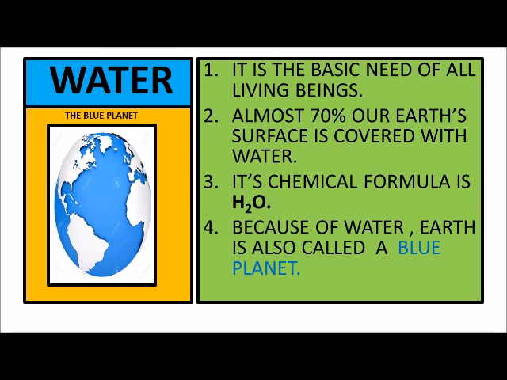And the chemical formula of water is H2O. Because of so much water, our planet Earth is also called a blue planet, because from space our planet appears to be blue.